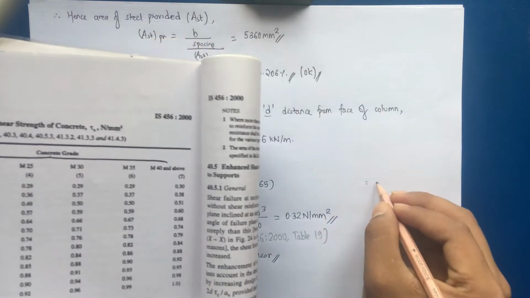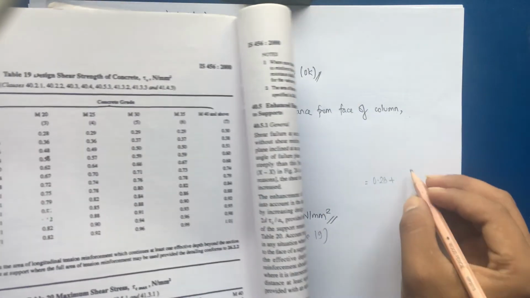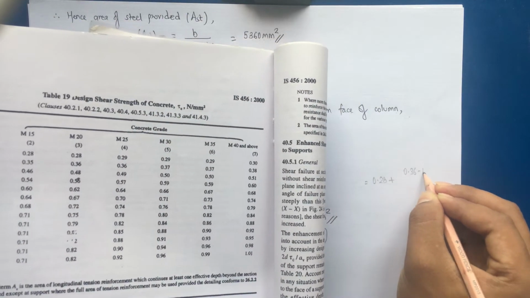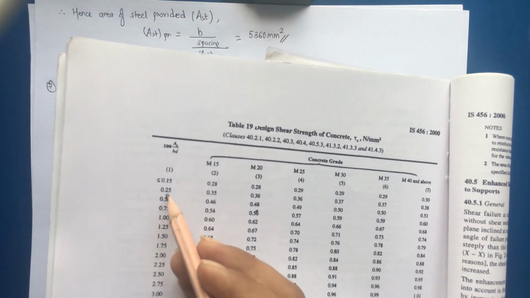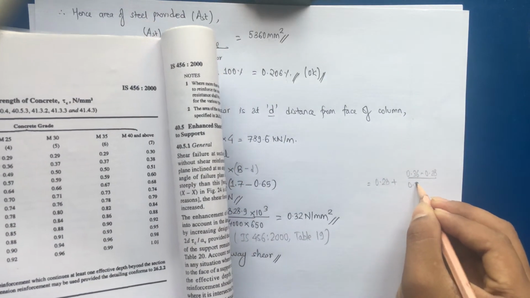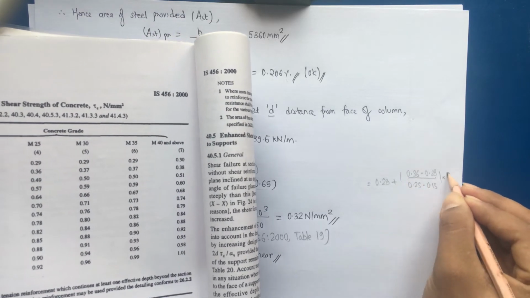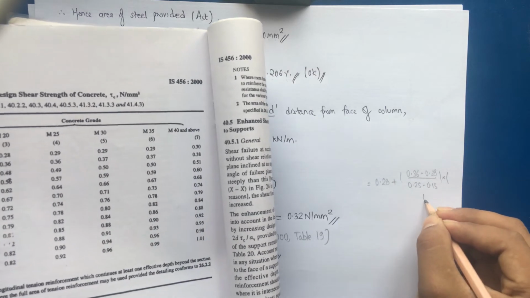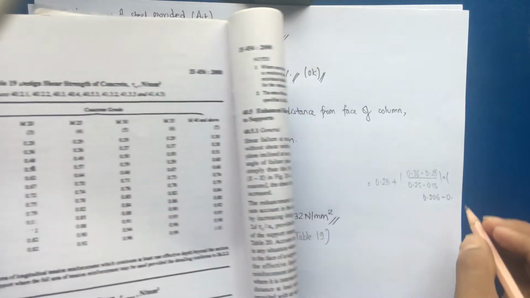0.36, 0.28, so 0.28 plus y2 minus y1, that is 0.36 minus 0.28, divided by x2 minus x1, that is 0.25 minus 0.15, into x minus x1, where x is 0.206 minus x1 is 0.15.